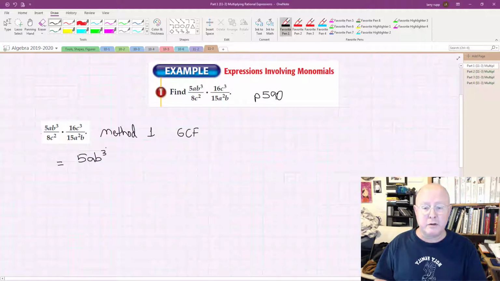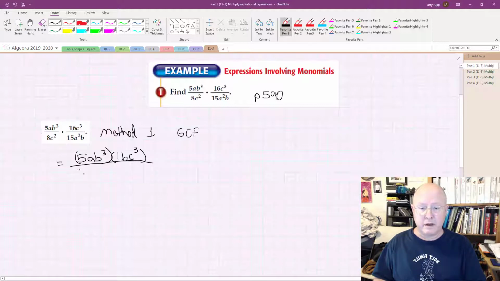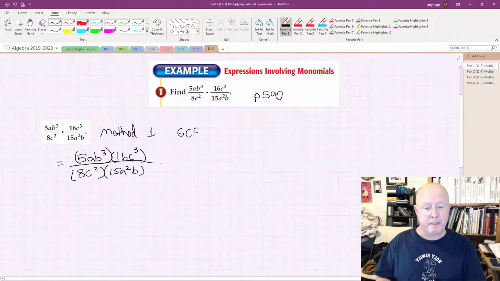What this ends up being is 5ab cubed times 16c cubed, all over 8c squared times 15a squared b. Well, 5 times 16 is 80.